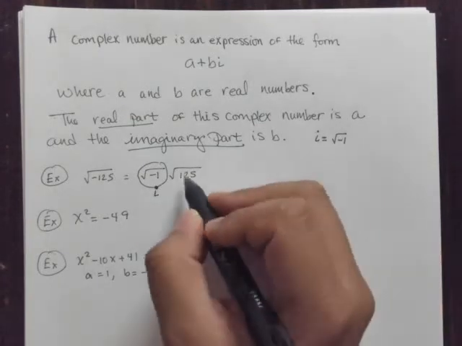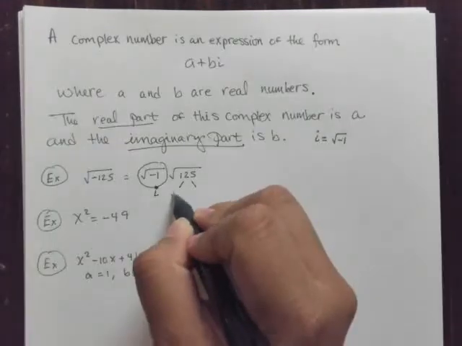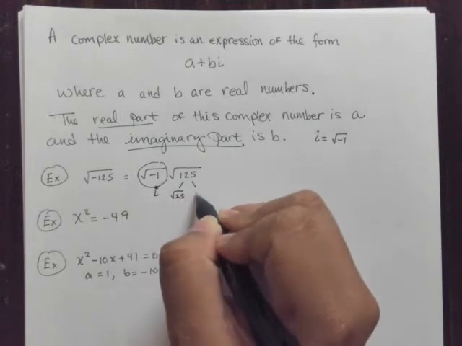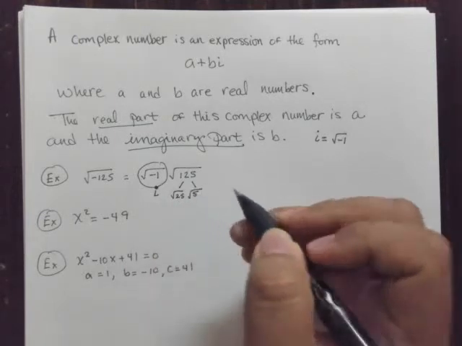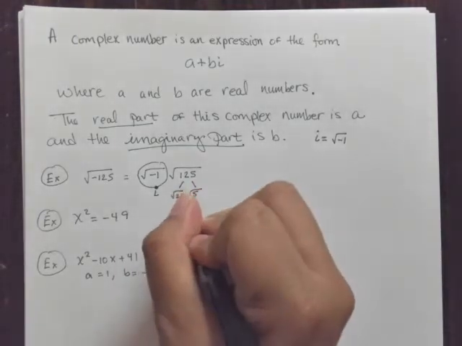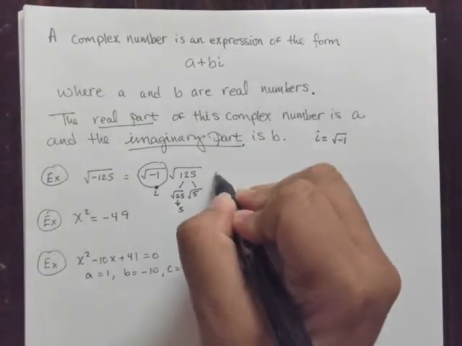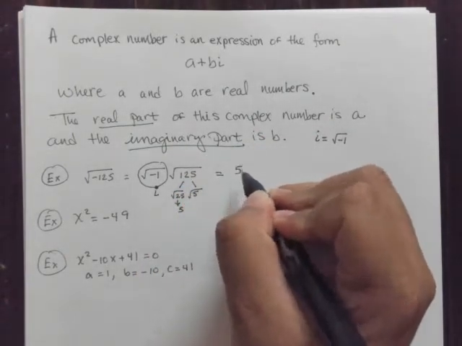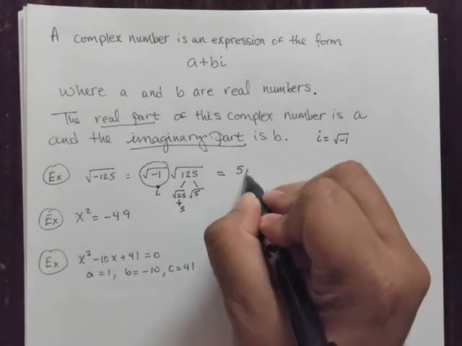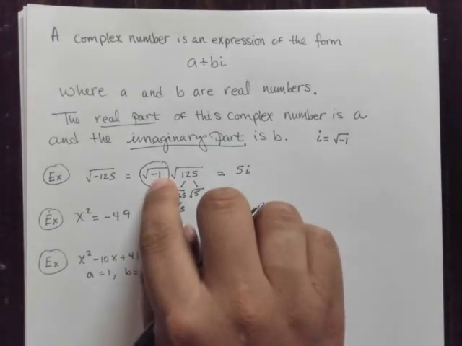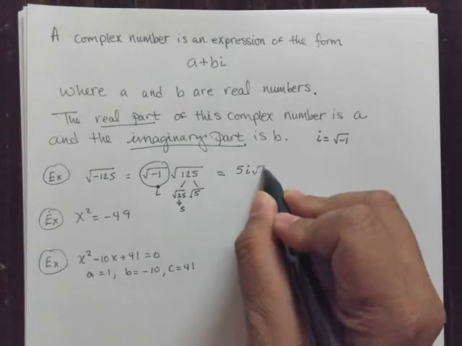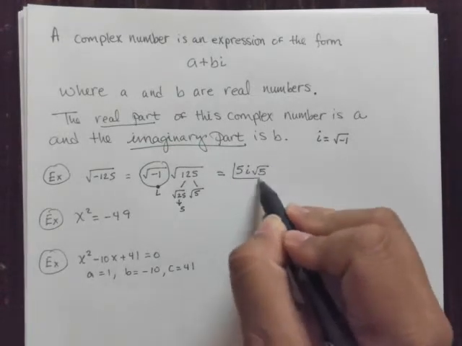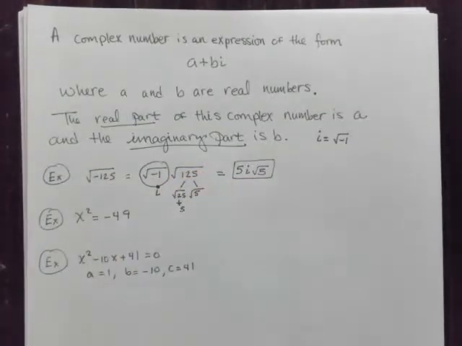So I'm going to call that i. And now I'm going to break this up. This is the square root of 25 times the square root of 5. And so the square root of 25 is 5. So the answer here for this problem is 5, this 5 right here, i from the square root of -1, and then the square root of 5. So this right here would be the answer to this problem.